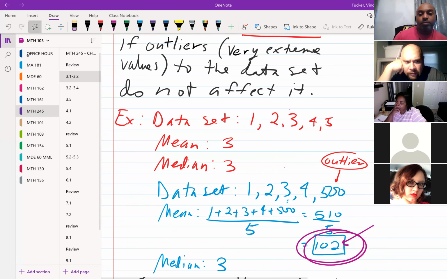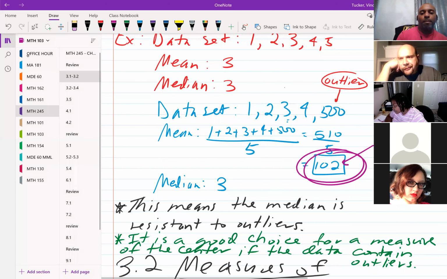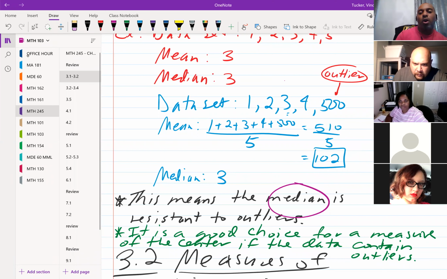So wouldn't an outlier affect the mean every single time? Yes. Our point was that it will not necessarily affect the median, so the median is resistant to outliers, not the mean. The mean will always change.